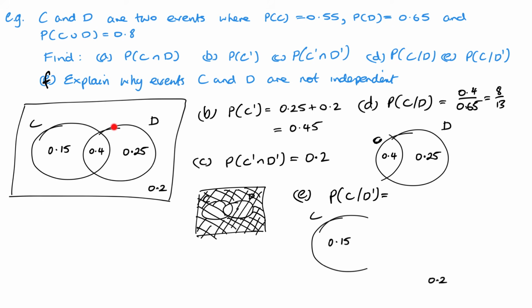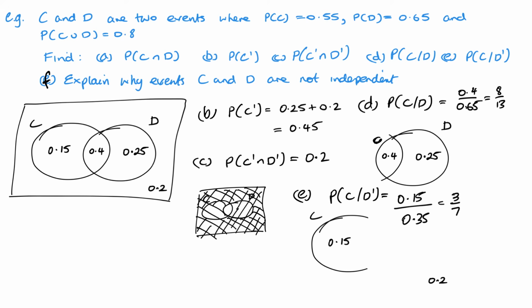Because not D is outside of D, which is only this section left, and which part of that is C, so 0.15. So this is 0.15 over my total, which is the 0.15 and the 0.2, you can see it here, so 0.35. And again, 0.15 over 0.35 gives me 3/7.